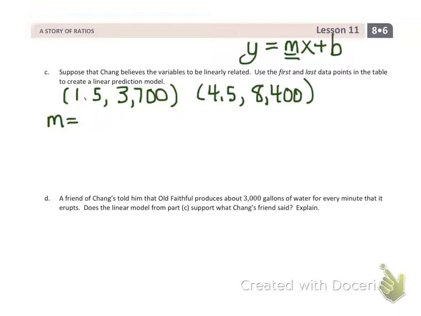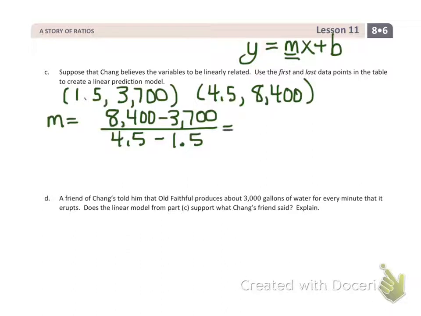So the slope is the change in the y variable. So this is going to be 8,400 minus 3,700, divided by the change in the x variable, 4.5 minus 1.5. Okay, so 4.5 minus 1.5 is 3.